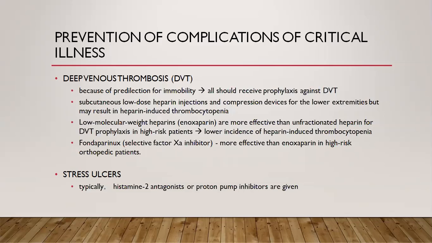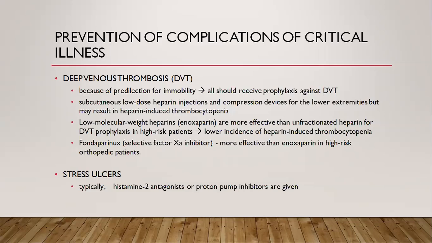You can also give low molecular weight heparin, enoxaparin, which is more effective than unfractionated heparin for DVT prophylaxis. You can also give fondaparinux, a selective factor 10A inhibitor. It is more effective than enoxaparin in high-risk orthopedic patients. So there are many choices of drugs for DVT.